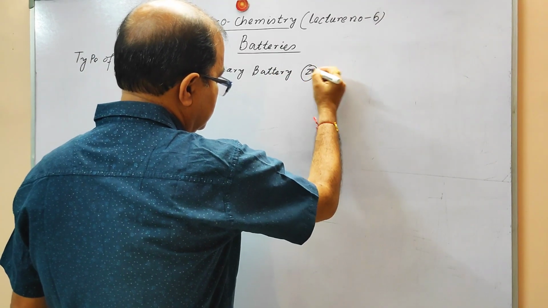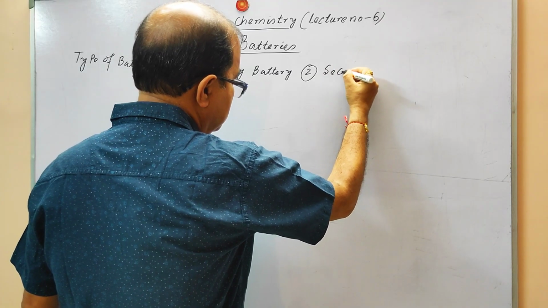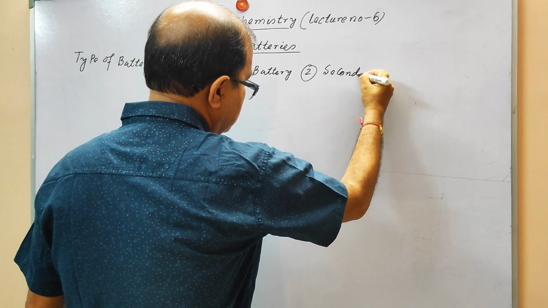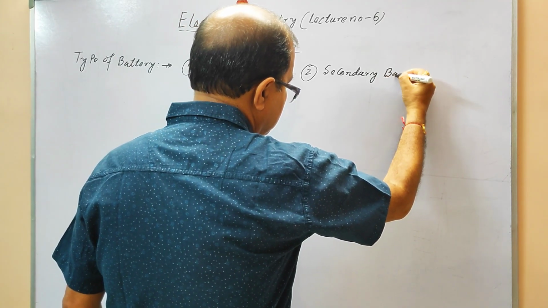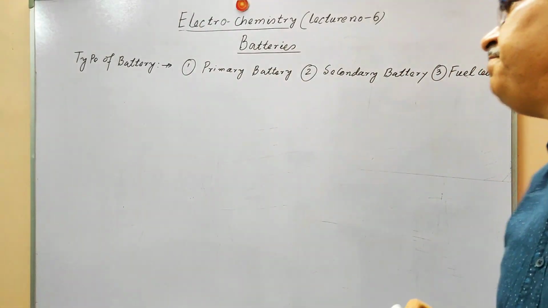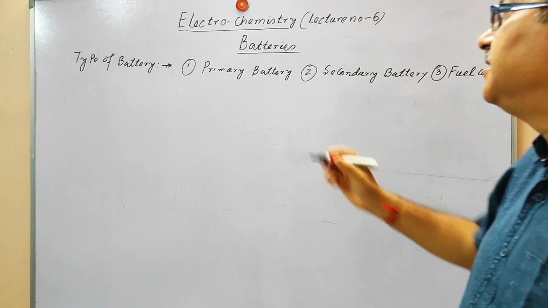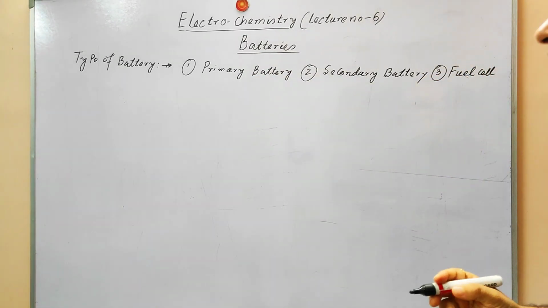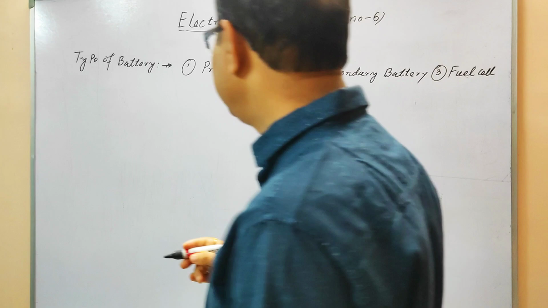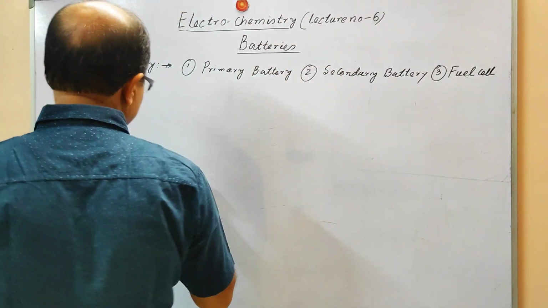Number two, the secondary battery. And number three, the fuel cell. These are the three types of batteries that we are going to discuss. First, let us understand what the primary battery is.